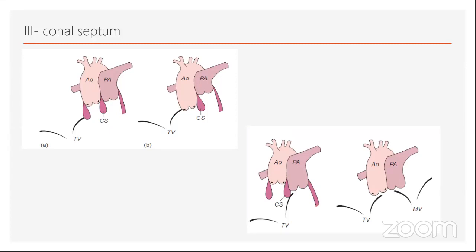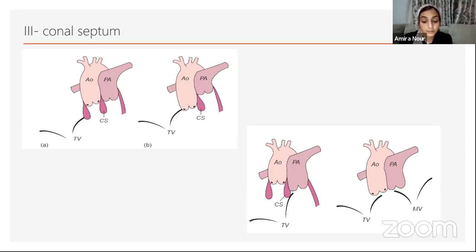I just want to clarify for myself and our colleagues, and not to get confused. So you've been talking about the location of the VSD, or the relation of the VSD to the great vessels. But you've also touched on the relationship of the great vessels to each other, and the presence or absence of conal septum.